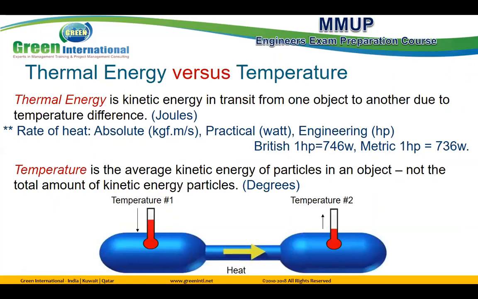What is the difference between the thermal energy definition and temperature? First, we start with the thermal energy definition. Thermal energy is kinetic energy. I stress some letters or words because if you check a question and find something referring to this meaning, you can get the answer directly. Please focus with me, especially on the stressed words, in the exam.